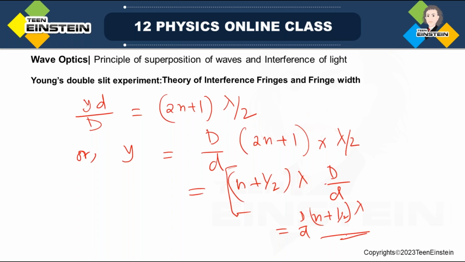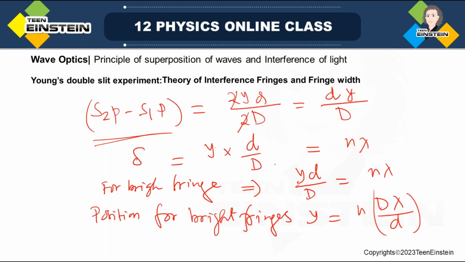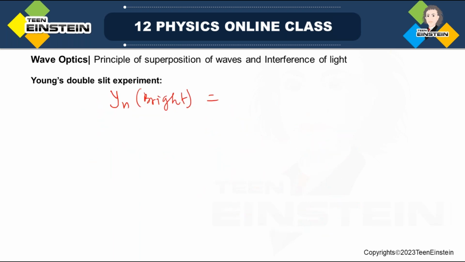Now look, if we want to find out the fringe width, we have got yn, the position of the nth bright fringe. We have found out n into capital D lambda by small d.